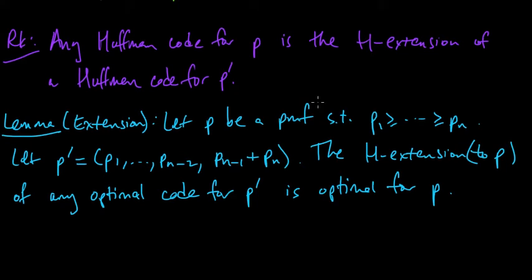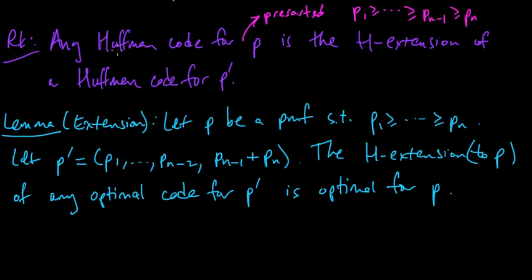Now, I'd like to make a little clarification about this earlier remark. I was a little bit loose in my statement of this, so let's tighten this up a little bit, be more precise. Here we were always assuming that P was sorted, pre-sorted in descending order. That was our standing assumption.